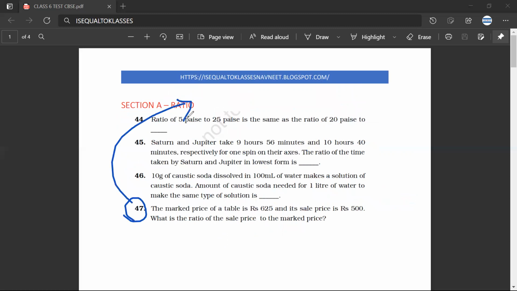Mr. Sarthak, 47. So, sir, we have to take 625 is to 500. No, sir, it would be 500 is to 625. See, this is what we have discussed before. It is always helpful if you write whatever you are trying to take the ratio of first.